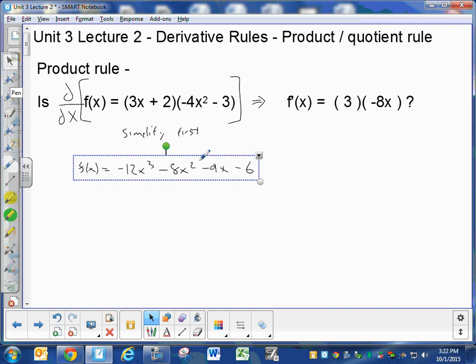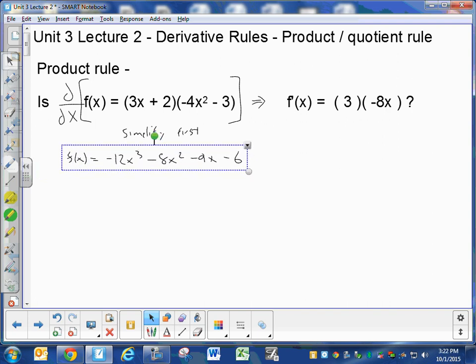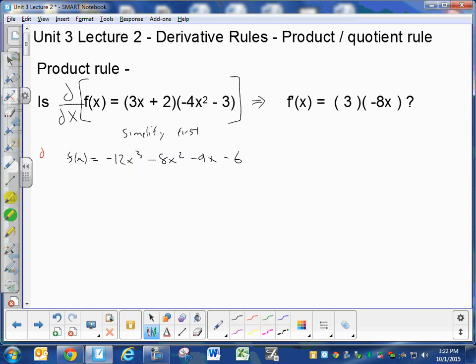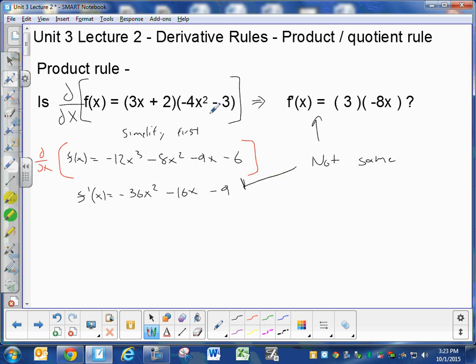Okay, and that is my function simplified, and I can take the derivative of it and see that f prime is not going to be equal to 3 times negative 8x. These are not the same. So this is wrong.